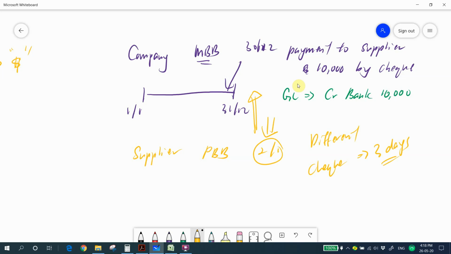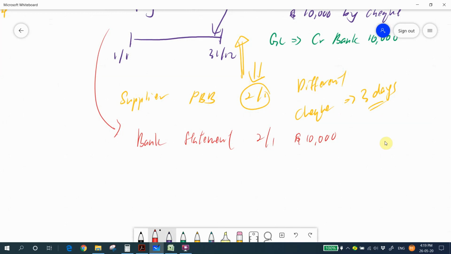So the bank statement of your company will show that you made a payment on 2nd of January, and the amount is 10,000. Can you see the difference?